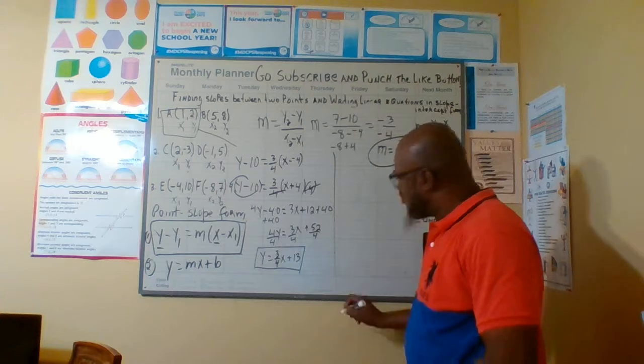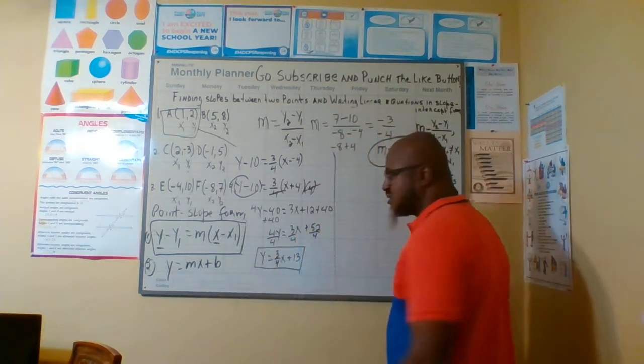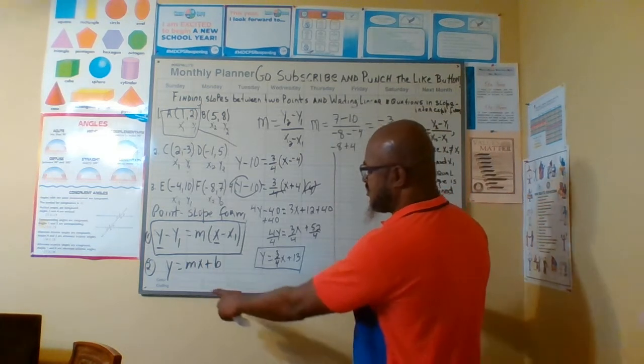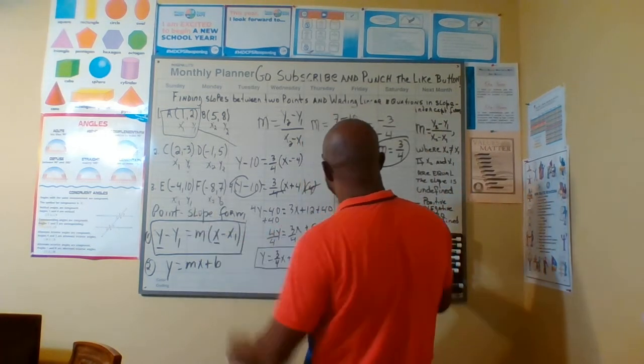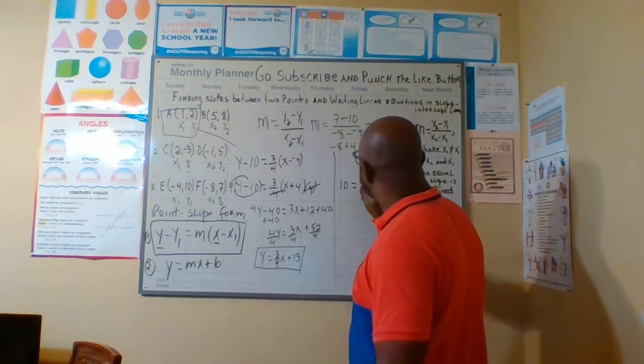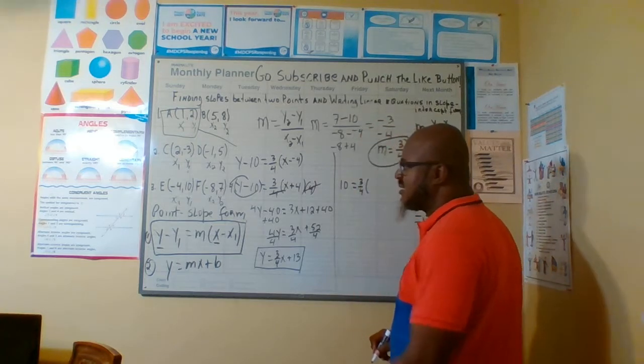That's point-slope form. Now we're going to use the same equation using slope-intercept form. So y equal, so I'm going to replace y with 10 equal 3/4. What is x?